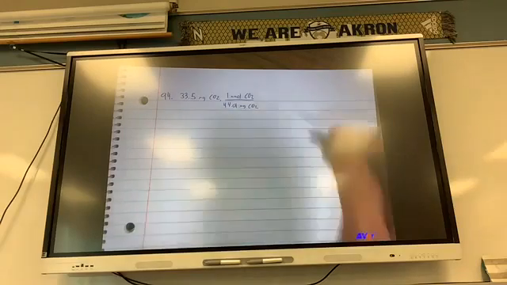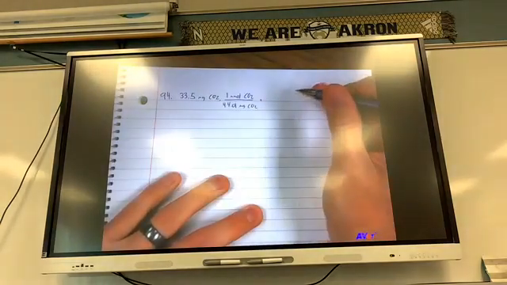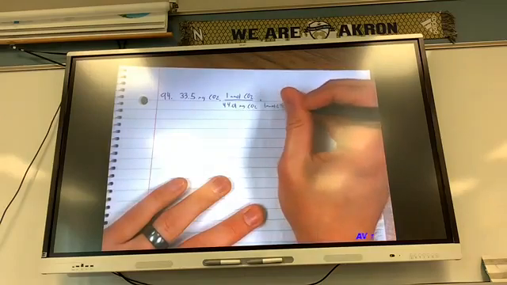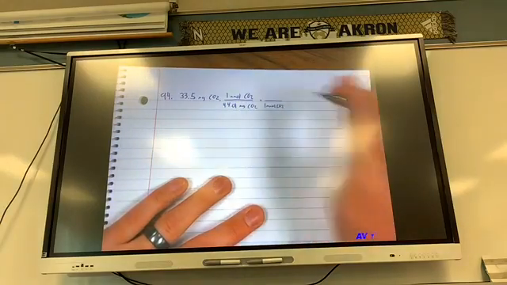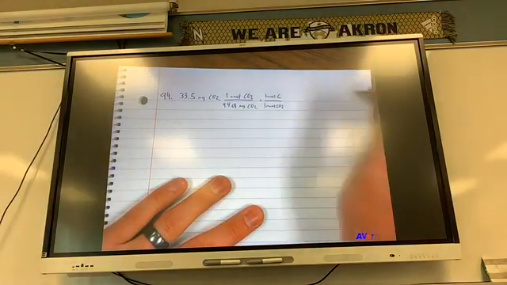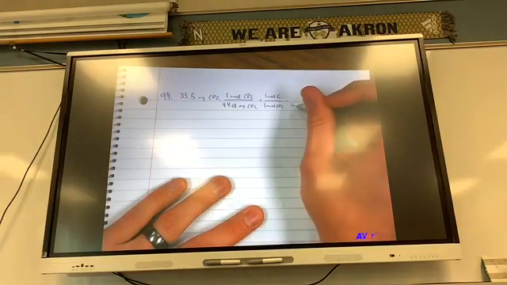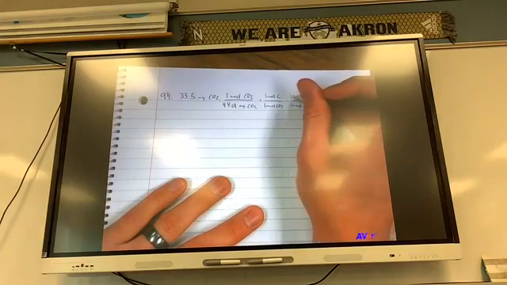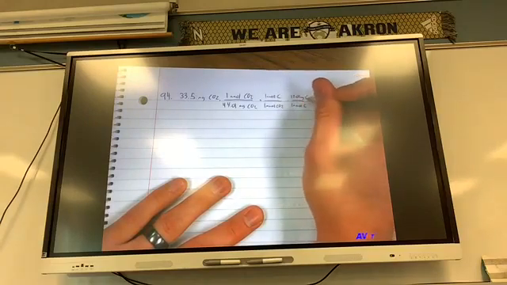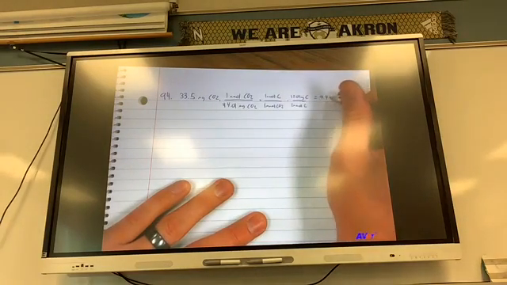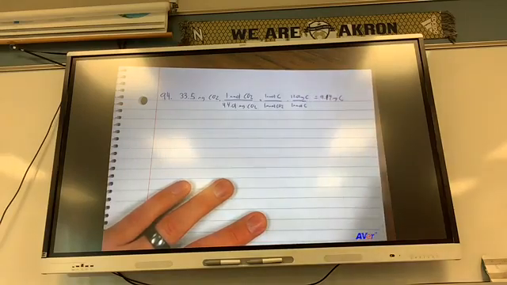It just saves me a step. And I know that for every 1 millimole of CO2 there is 1 millimole of carbon. I know, it's disgusting. And every 1 millimole of carbon is 12.01 milligrams of carbon. So that gives me 9.14 milligrams of carbon.